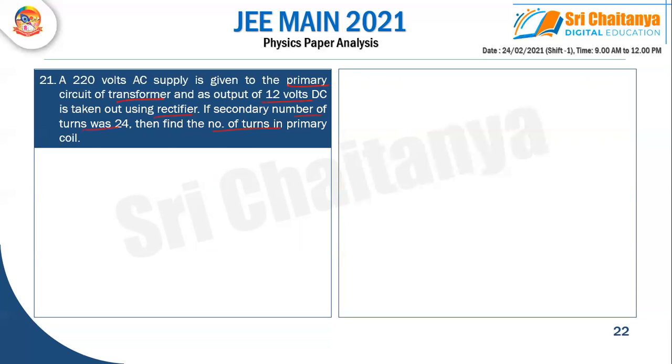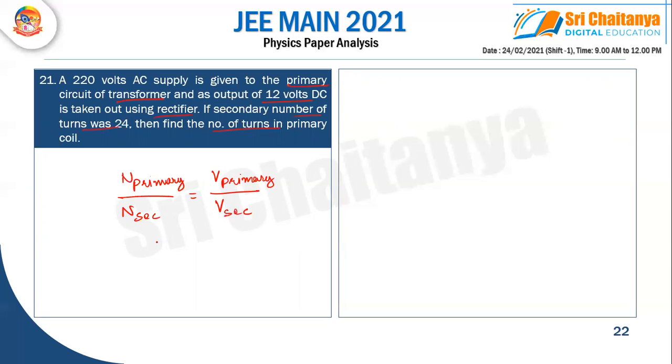Now, in fact, we have the transformer ratio. Number of turns of primary by number of turns of secondary is equal to the potential difference across primary by the potential difference across the secondary.